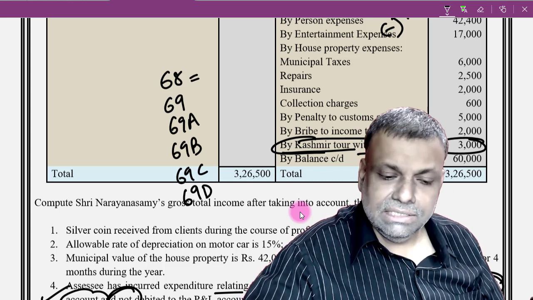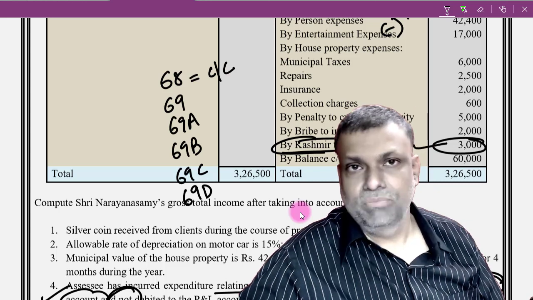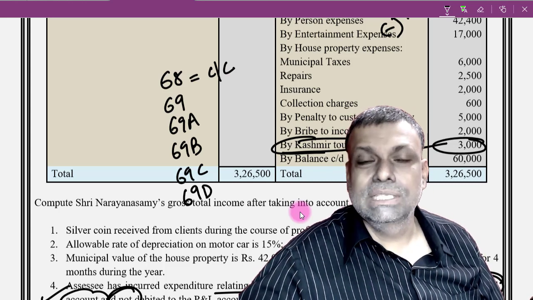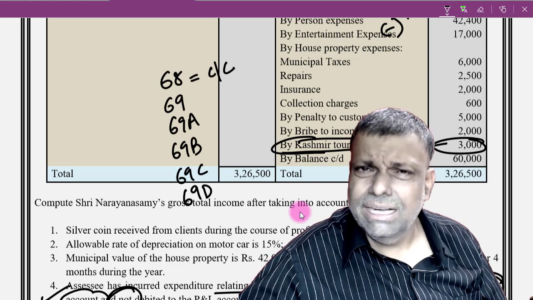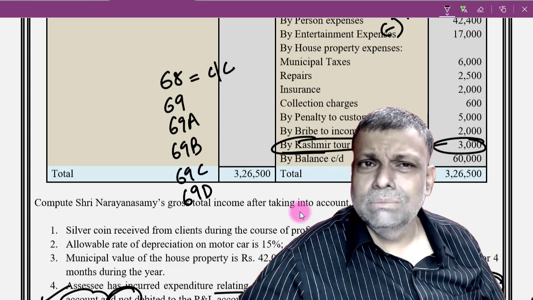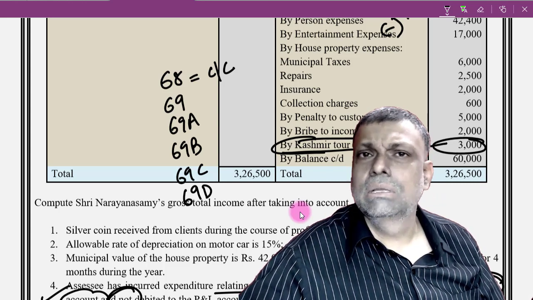Now, section 68 says that if there are any unexplained cash credits, that means basically any credits in your books of accounts. I repeat, any credit, whether it is a balance sheet item or a P&L item, whatever, any credits in the books of accounts.